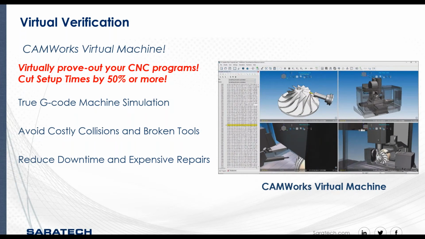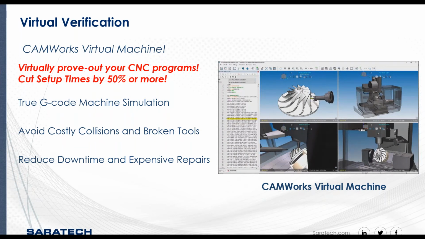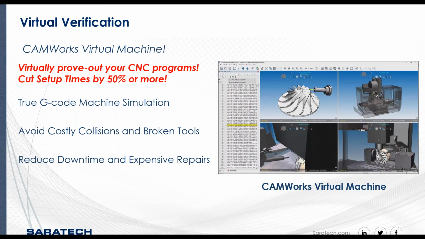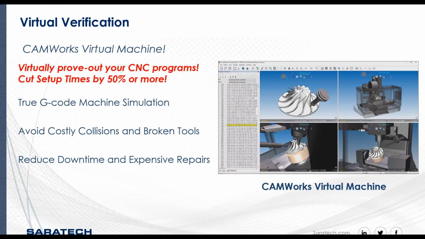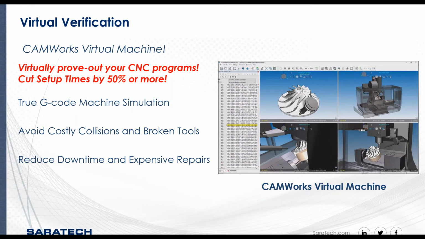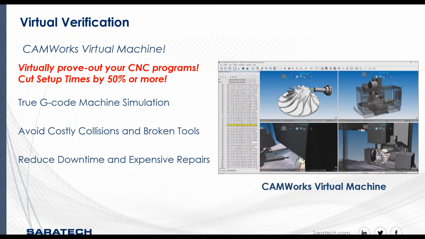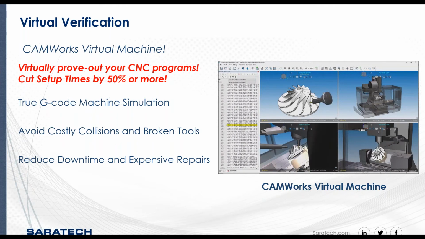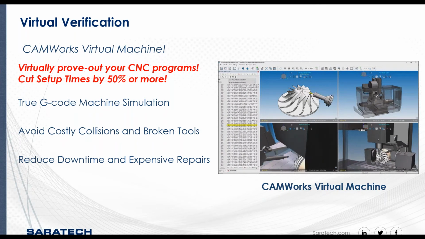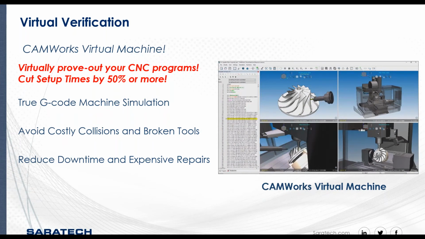And in fact, in many of the products that we have, this virtual machine verification without the G-code is baked in. So you can still do machine simulation using your APT or cutter language code. But this G-code is absolutely amazing. Imagine being able to detect for collisions of your machine components, your work holding devices, tools, and do it without running into those problems on the machine.